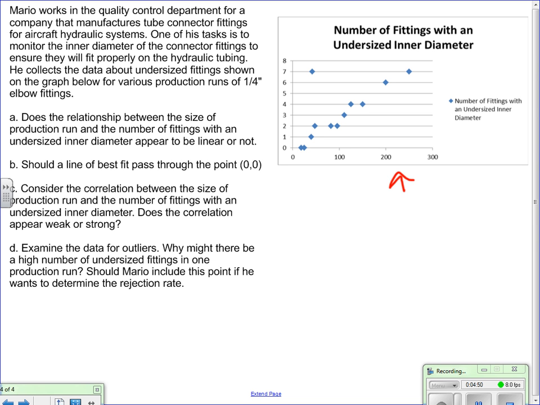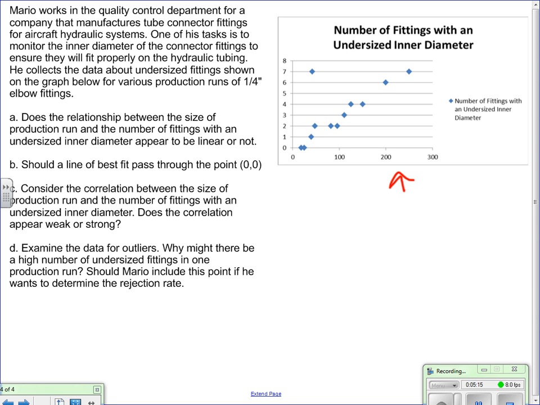Now, to answer some of the questions: does the relationship between the size of the production run and the number of fittings with an undersized inner diameter appear to be linear or not? Looking at the data, it looks like it's linear because the data points are distributed along a straight line.